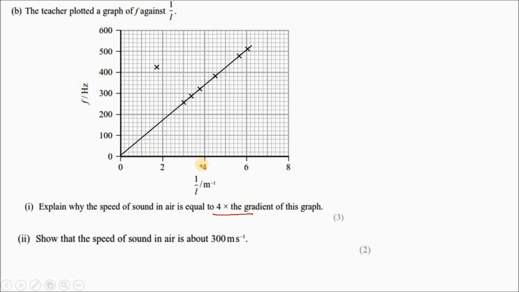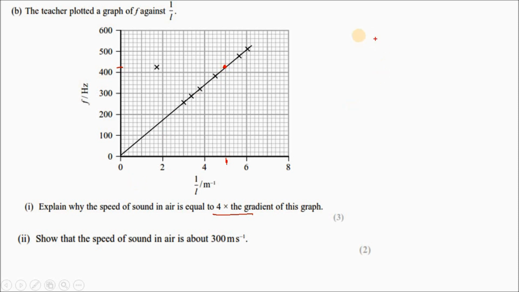So the best option for me is, let's see, I can choose any point, so I just need to choose a big one. Yes, this point is suitable for me because I can find the 1 upon L value, which is 5 here, and here it is 420, I guess. Okay, so I'll take 420.